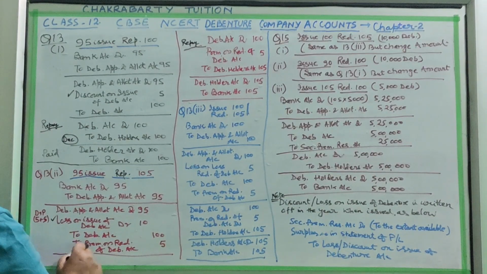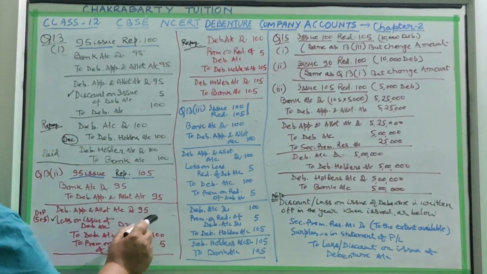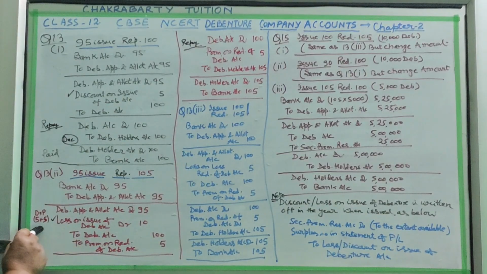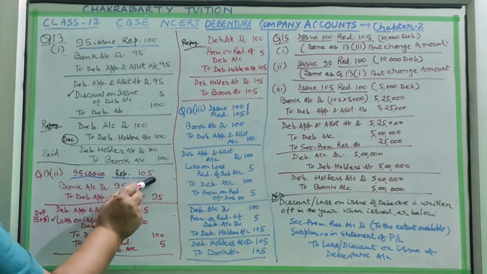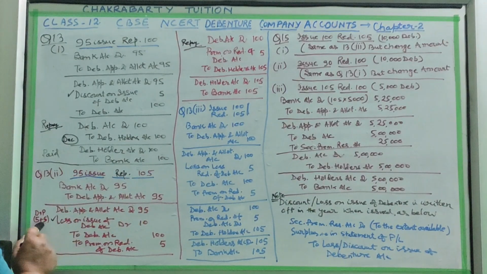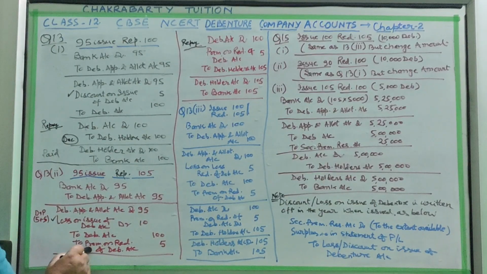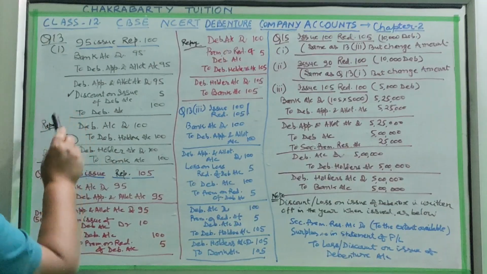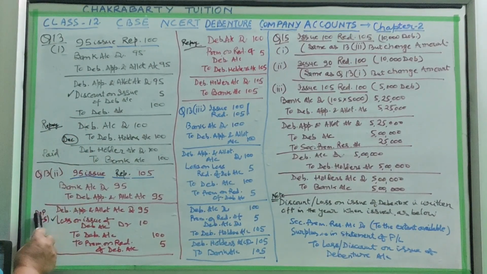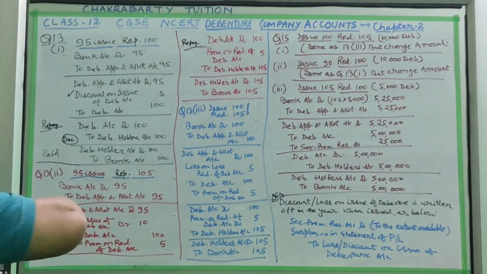And at the time of redemption, you have to pay 5 rupees more. So for that amount you have to credit premium on redemption of debenture account by 5 rupees. Here you see, the discount is 5 rupees, and at the time of repayment also you are paying 5 rupees extra. So when you pay any premium at the time of repayment, we use the word loss, not the word discount.